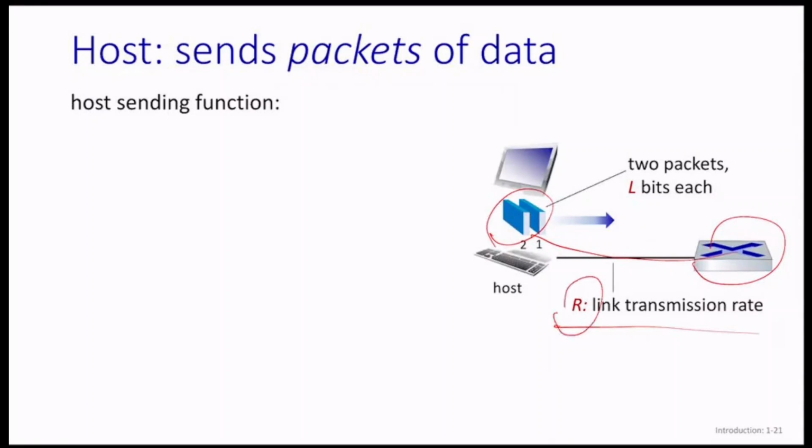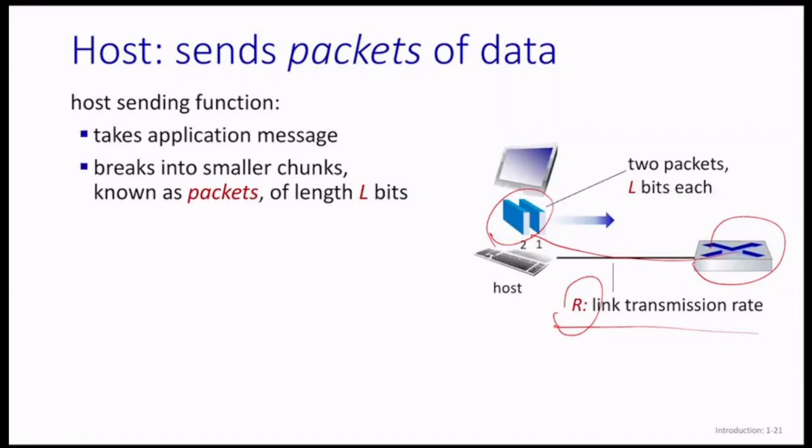Okay, and how do we send a message? For example, if you send a paragraph message, the first step for the transmitter is that if the data is larger, we need to break it into smaller pieces. We call these smaller chunks.